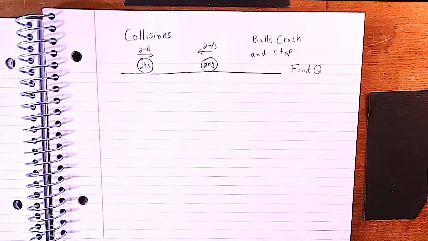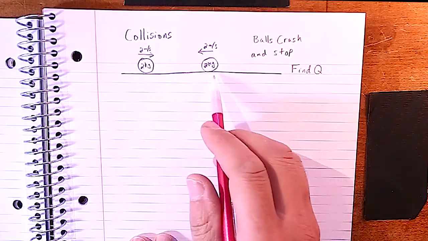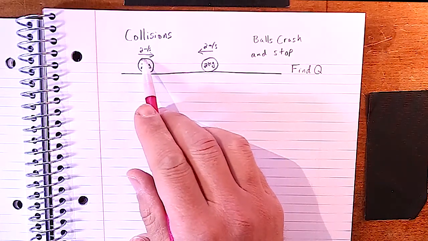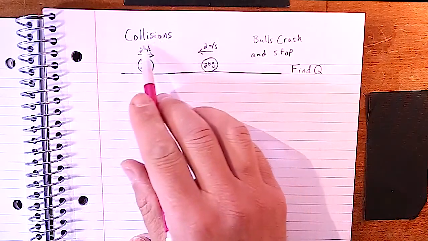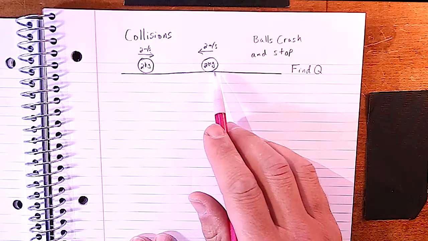When we deal with collisions, the only way to solve these problems is to look at the energy that we started with and compare it to the energy that we end with. So in this case, we have two balls that are traveling towards each other, and we know that they're moving, therefore they have kinetic energy. So the sum of the energy of the system is going to be the sum of the kinetic energy.